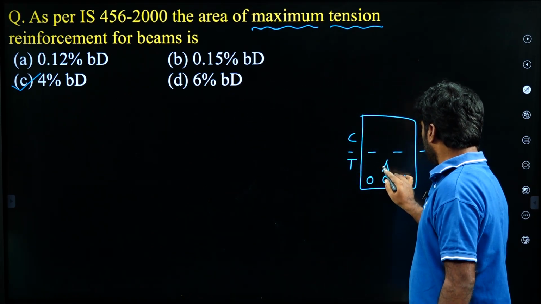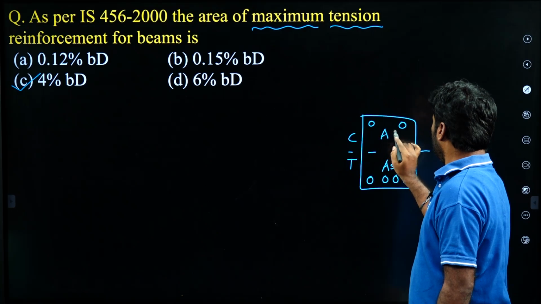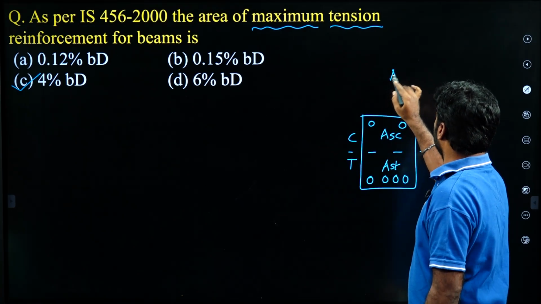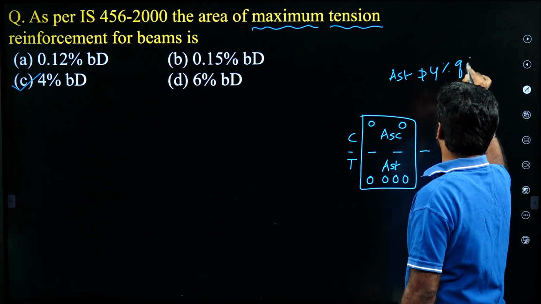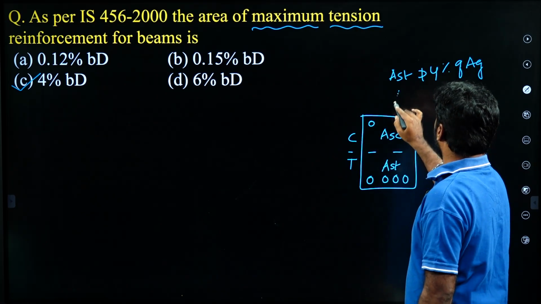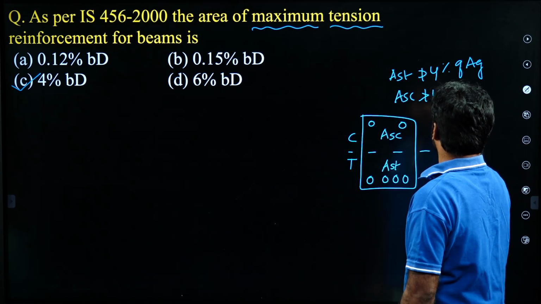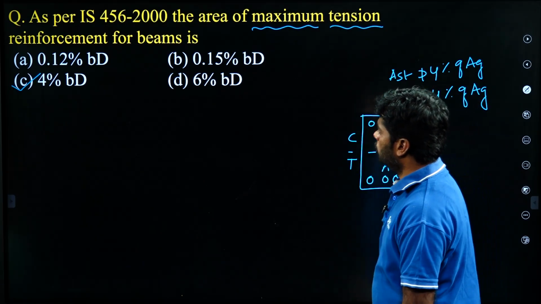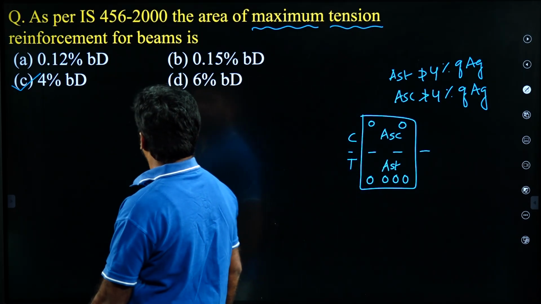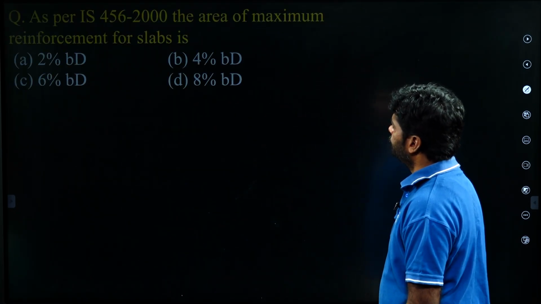Even in the compression zone, maximum steel is not more than 4% of gross cross sectional area of the beam. Compression steel also is not more than 4% of the gross cross sectional area of the beam. Coming to the next question.